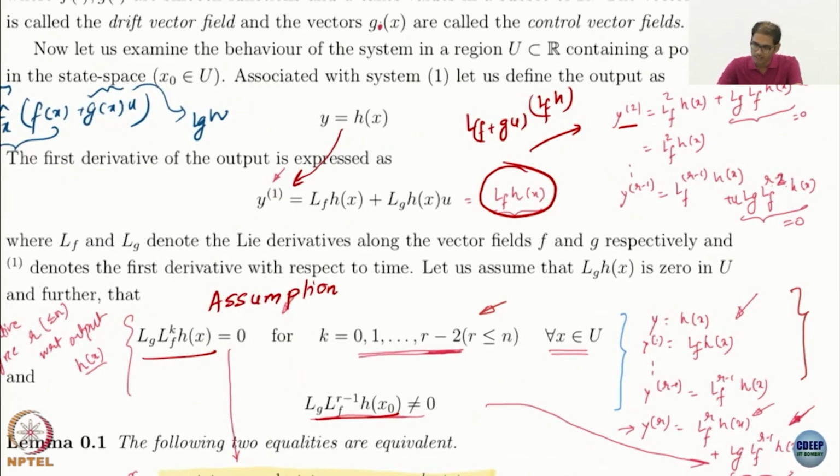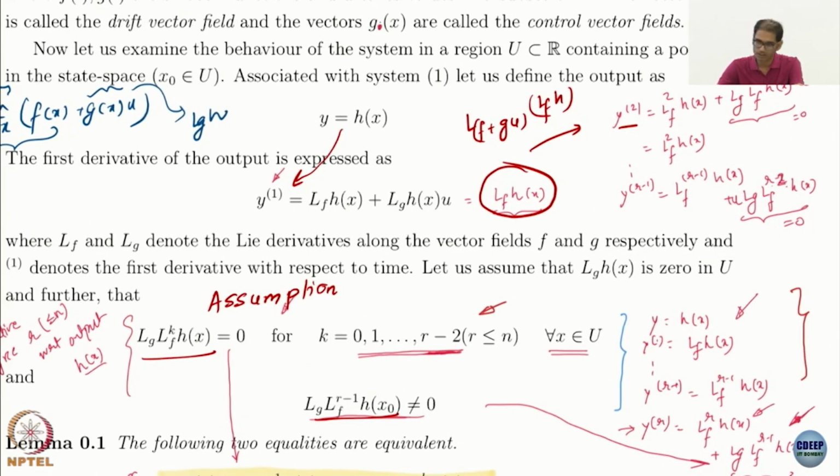Now let us see what happens if I take another derivative. It is pretty simple because I will keep writing in the same notation. If I take the derivative of this, it will again be the partial of this with respect to x times f(x) plus g(x)u, which is basically the same as L_f squared h plus L_g L_f h times u.